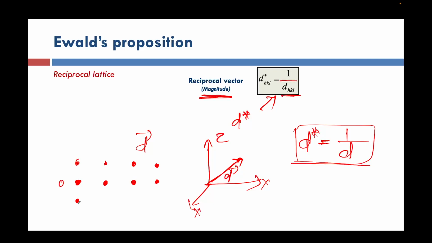If this is the origin, then all these points which I am currently drawing, these points in reciprocal lattice are equivalent to planes in real lattice.